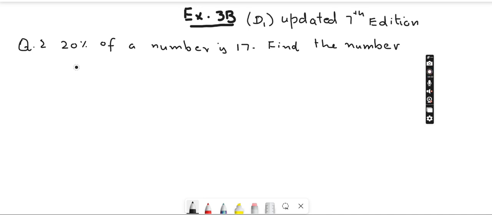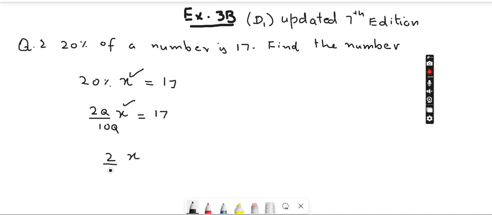Now you just have to follow the words. 20% of a number, let the number be x, is 17, and you have to calculate it. What does percentage mean? In the denominator you will replace it by 100 and it becomes in this way. You have to separate this x from here. 2 by 10 is equal to 17.